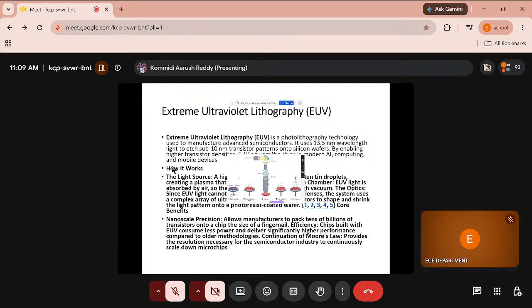Since this light cannot pass through standard glass lenses, the system uses a complex array of ultra-flat mirrors to shrink the light pattern onto the photoresist-coated material. This enables nanoscale precision, allowing manufacturers to pack tens of billions of transistors on a single chip, which increases the efficiency. Chips built with EUV consume less power and deliver significantly higher performance compared to the older methodologies.